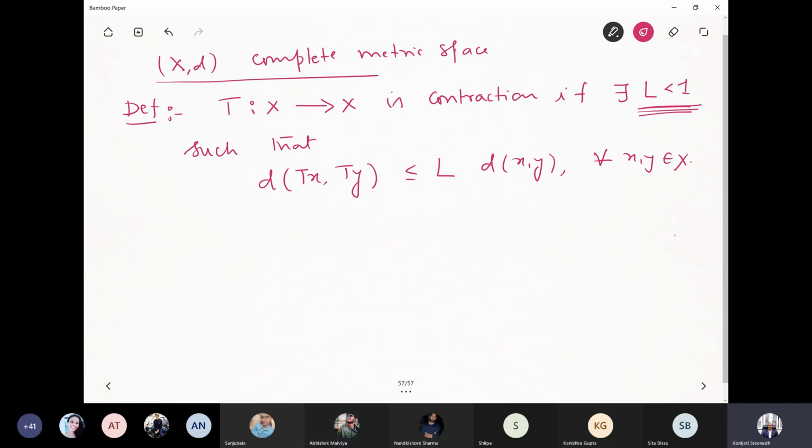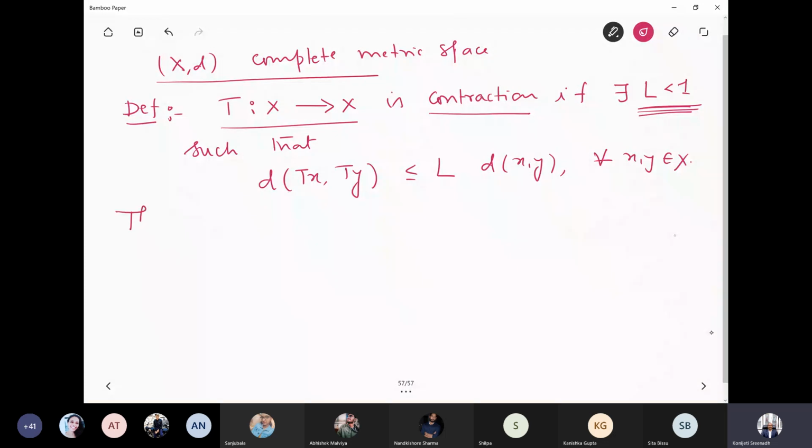T is a map from X to X. That's what I'm writing. So this basically says that contraction means the distance after taking the mapping becomes less than the distance it had before. So that's what this definition says. That's also the meaning of contraction.